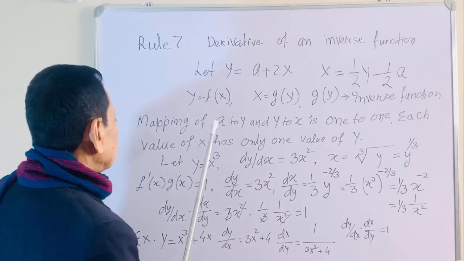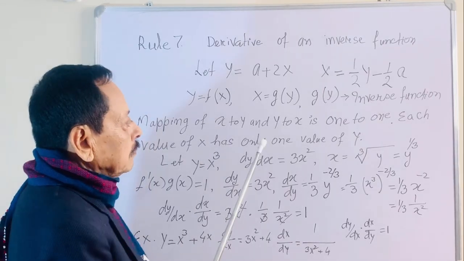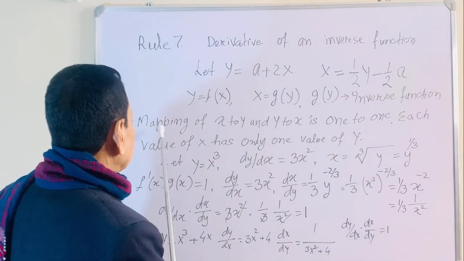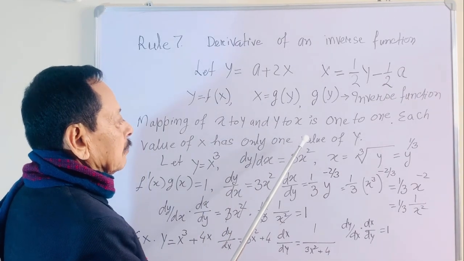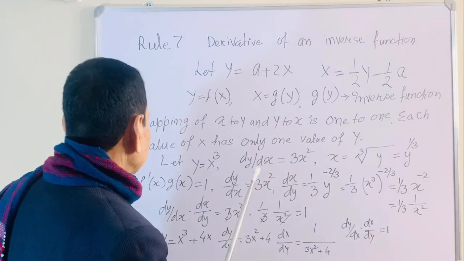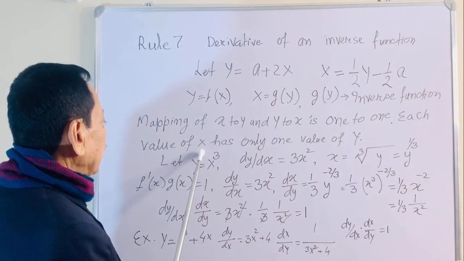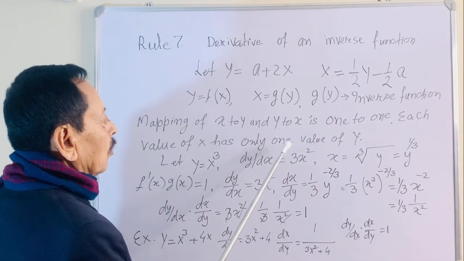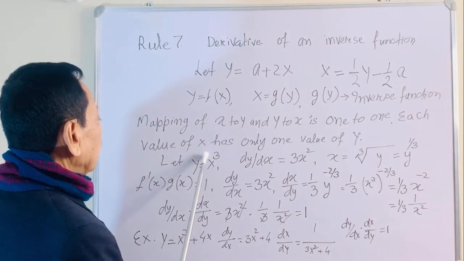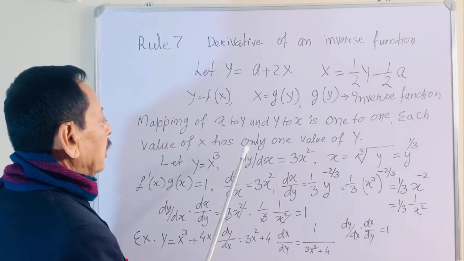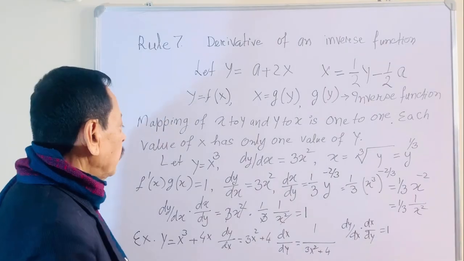This is the characteristic of the inverse function, that the mapping of x to y and y to x must be 1 to 1. Each value of x has only one value of y, not two values of y.